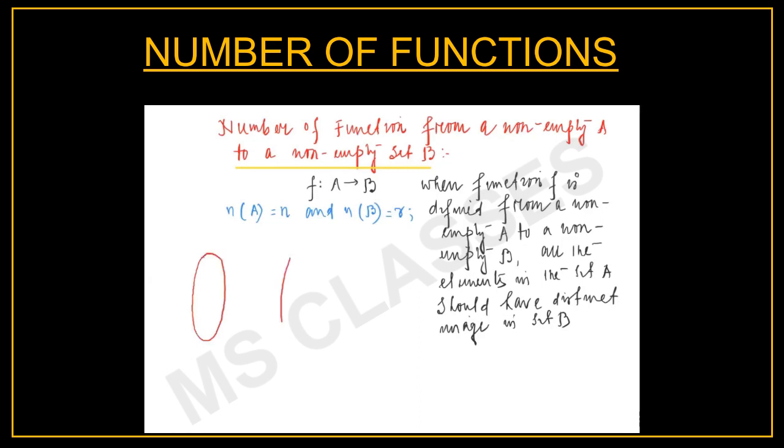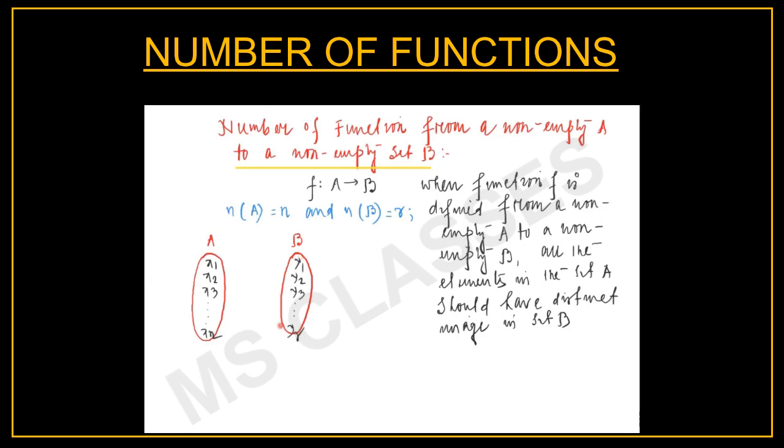Here set A, here set B. I consider here n elements x1, x2, x3, xn, and y1, y2, y3, yr. Now, when it is a function, all the elements here should have a distinct image.